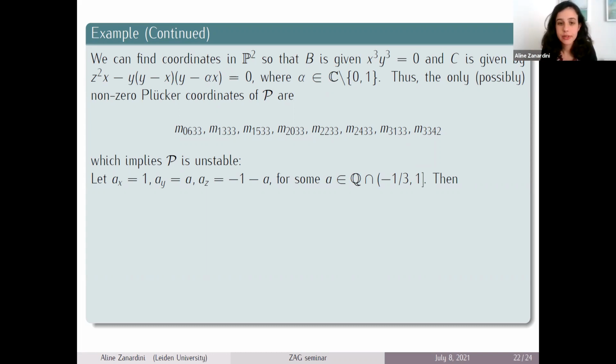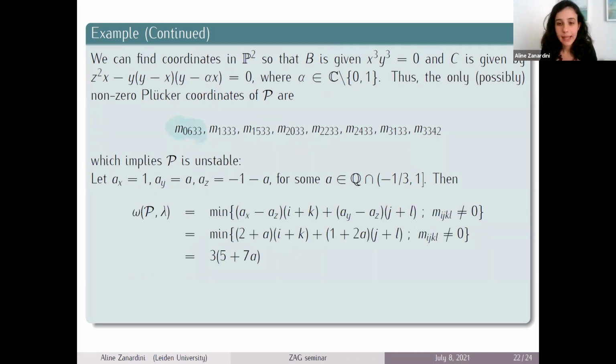And I'm going to choose them like this, where a is some rational number in this interval. And then if I compute the omega for P with respect to this one-parameter subgroup, it turns out that what we get is 3 times (5 plus 7a), and the coordinate that's going to give me the minimum for this set is the one that I highlighted in green.